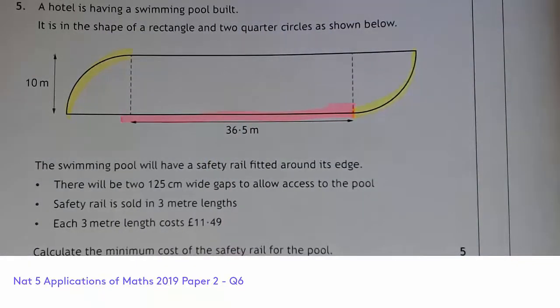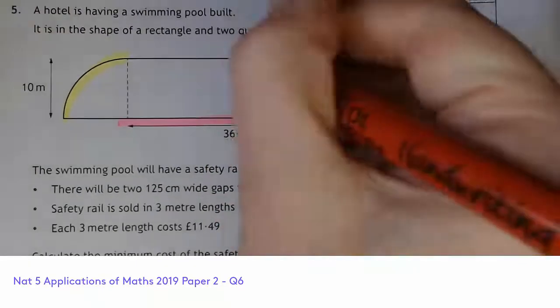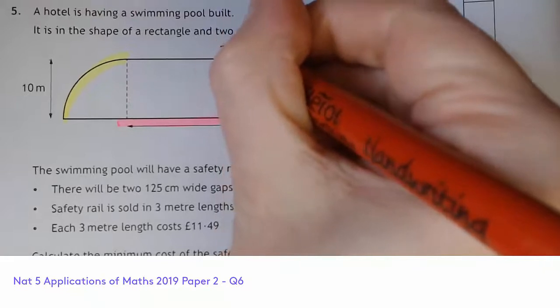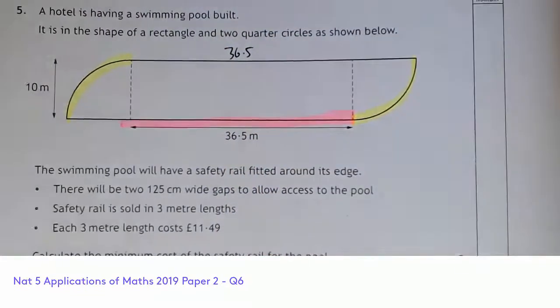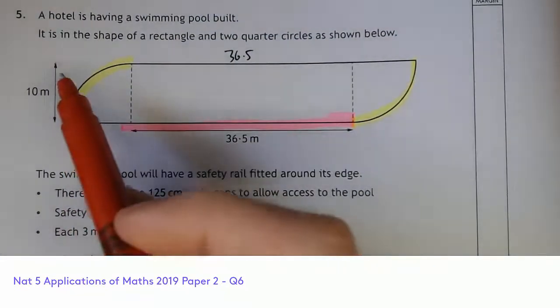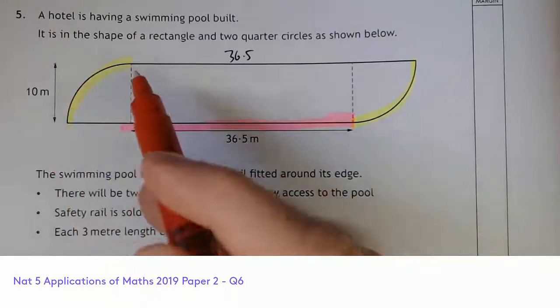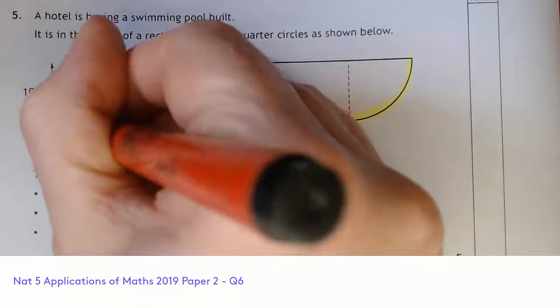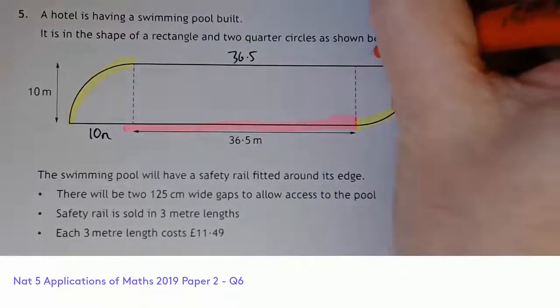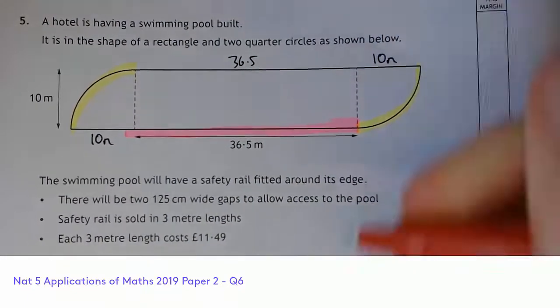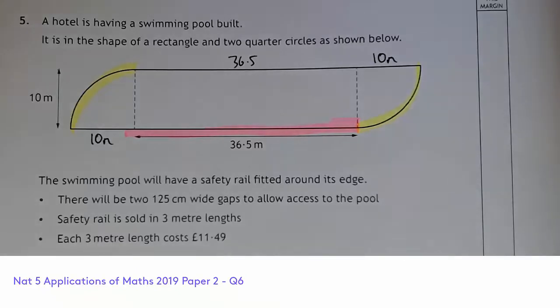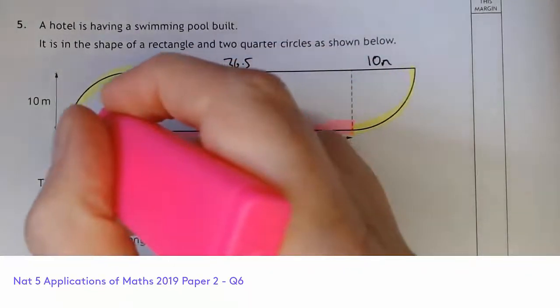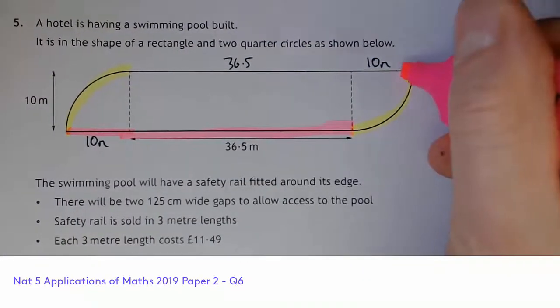So that's 36.5 as well. Also that 10 metre, that's a radius, so if that's 10 metre, that's going to be 10 metre as well. And that's therefore going to be 10 metre.